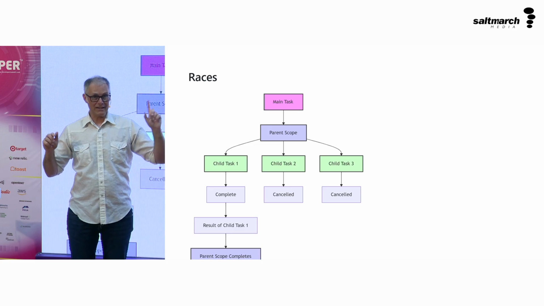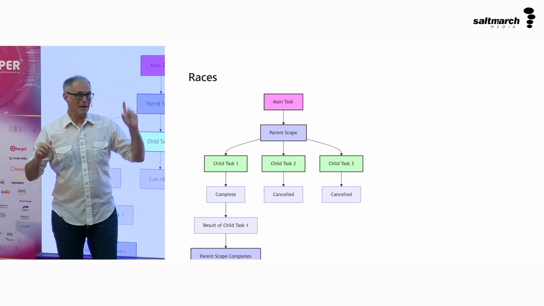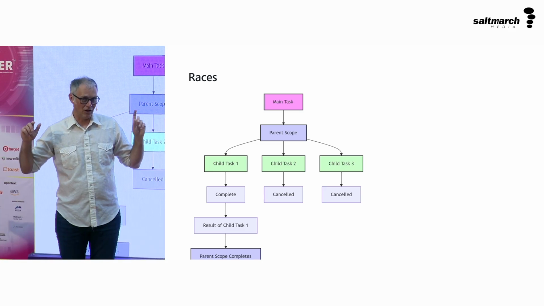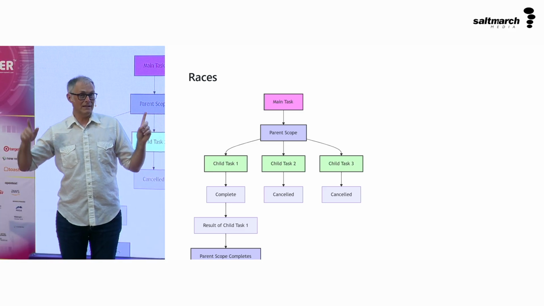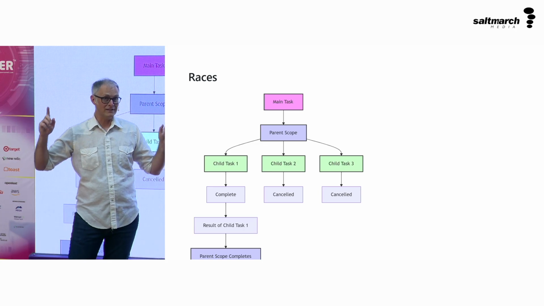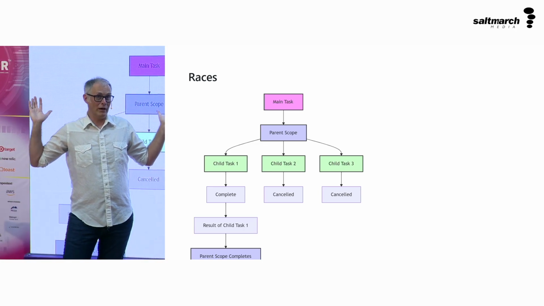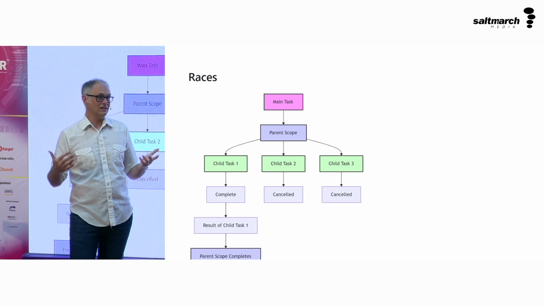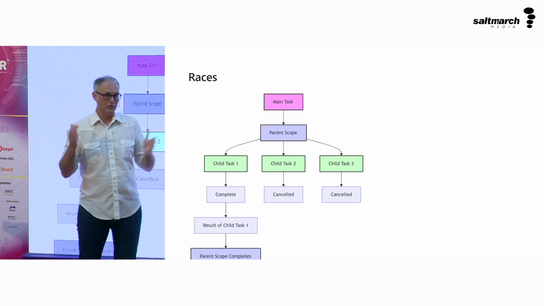Likely the cache is going to respond faster, but maybe it was a cache miss, or for some reason the cache is taking longer, and the database is actually going to respond faster than my cache. So why not race those two things? Whichever one comes back first, great. If it's the database, we'll maybe go and update the cache.